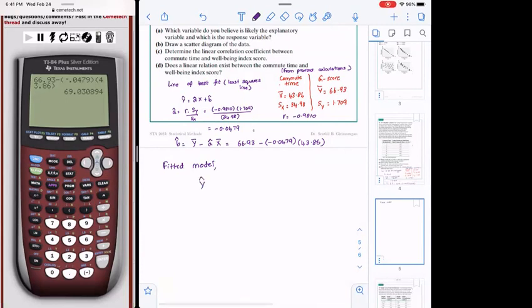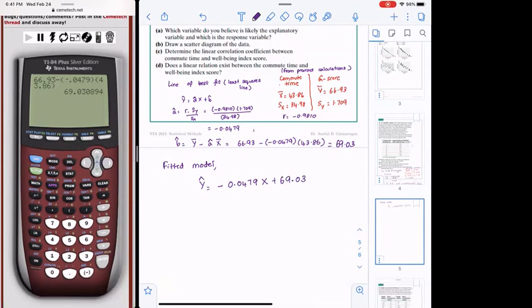So Y hat is equal to negative 0.0479 times X plus the value of B hat, which is 69.03.